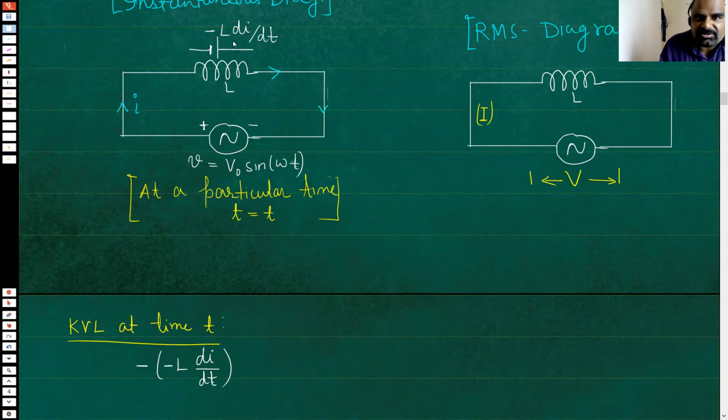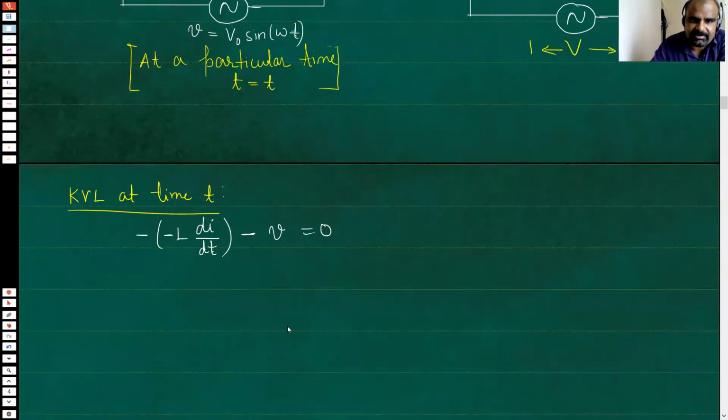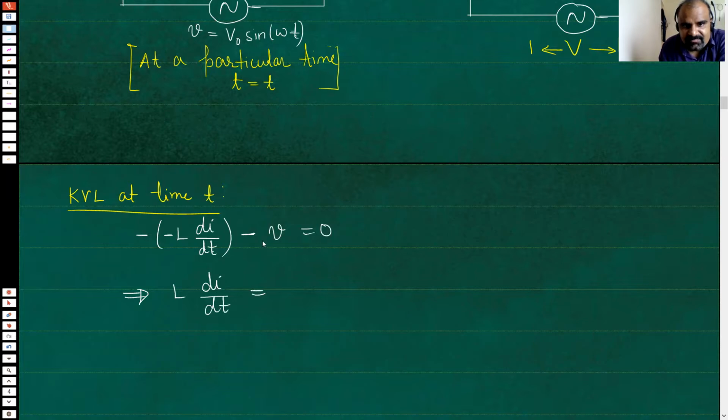See, from negative to positive, there is a potential gain. So that is why minus. And then this EMF is minus. Okay. And then from here to here, because we are traveling from negative to positive, so minus V equal to 0. Correct? So from here we get L di/dt equal to V, and this V I'll get to that side, that is V naught sine omega t.